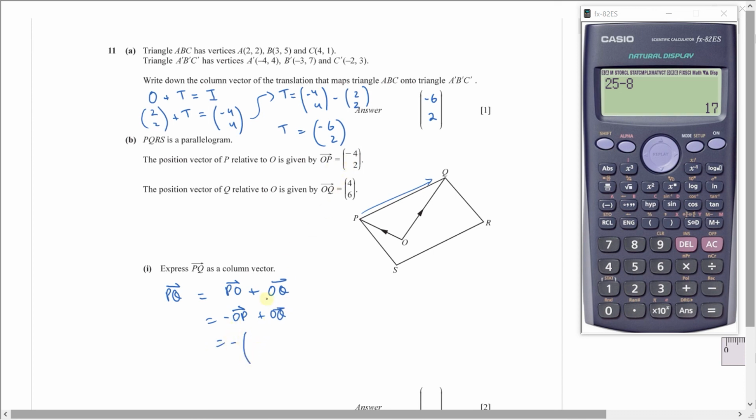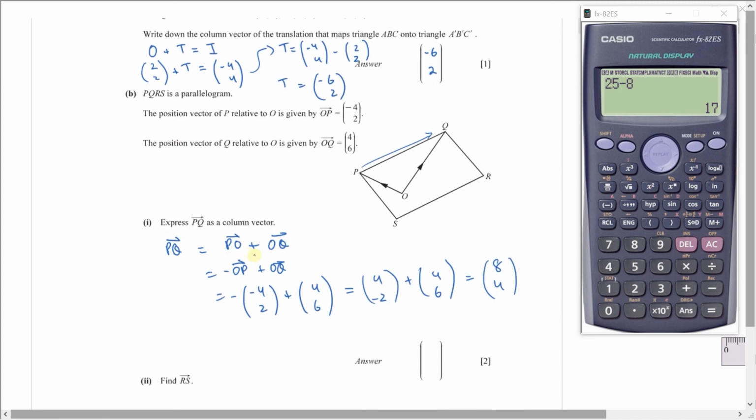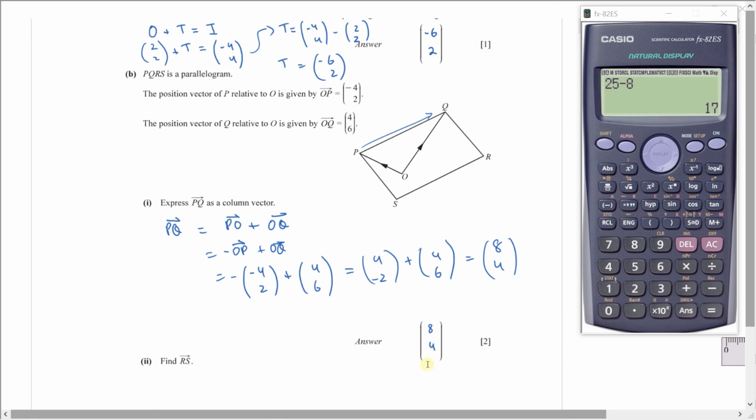Negative OP will be negative (-4, 2), plus OQ which is (4, 6). If I bring this minus inside, I get (4, -2) here, and then plus (4, 6). And 4 plus 4 is 8, and -2 plus 6 is 4. So your PQ column vector is (8, 4).